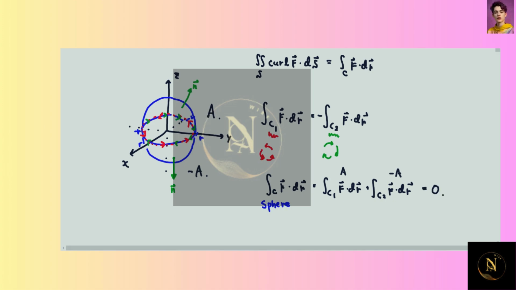So that's the idea of why, when we have a vector field that satisfies Stokes' theorem, and if we evaluate it through a sphere, the integral is always going to be 0.